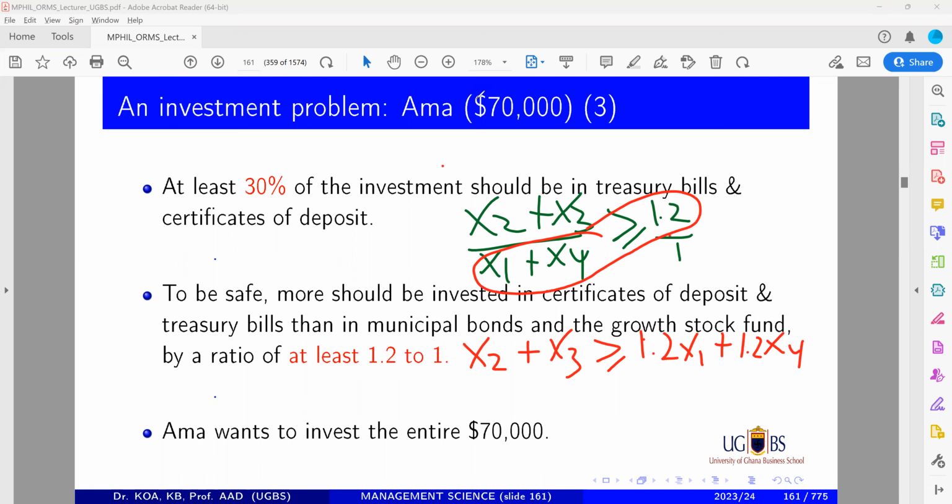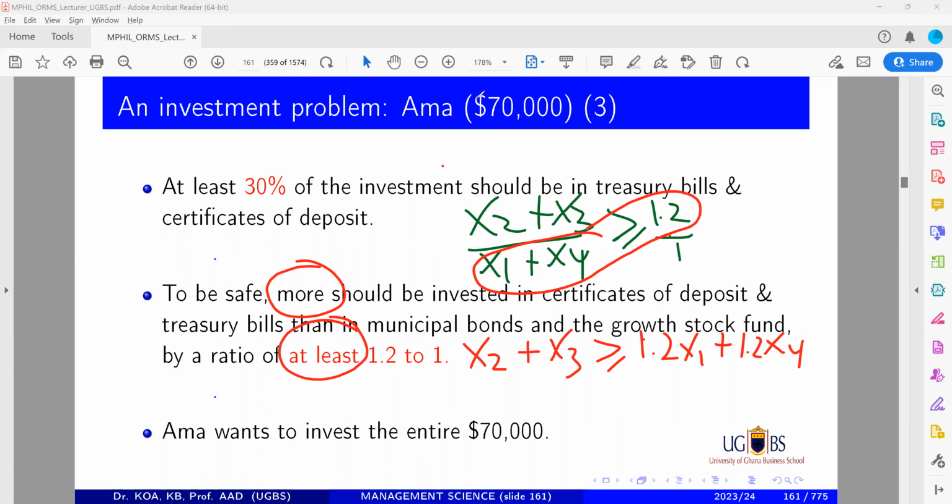So why are we having greater than or equal to instead of greater than? Because you picked it from the word more, isn't it? More should be invested, and that same more was properly qualified with at least. Do you realize that the words at least also contain more in them? Okay, thank you, sir.